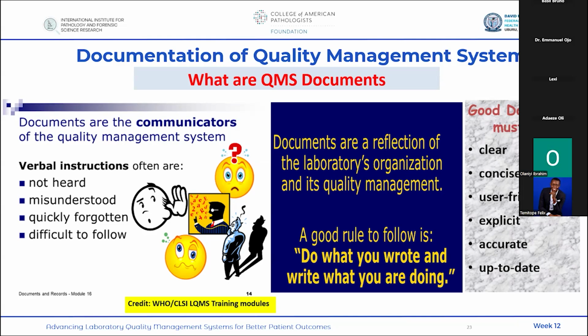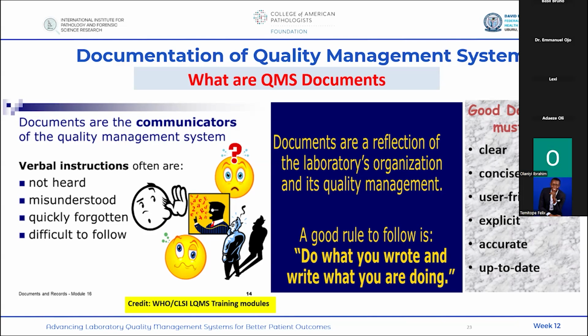The way I like to explain this is that if you have written a procedure, SOP, for example, then follow your SOP because that is what you have written down. So do it the way you have written it. And then the other part that says write what you are doing. The first part will say that if you do not have a SOP, please write a SOP to tell us what you are doing.